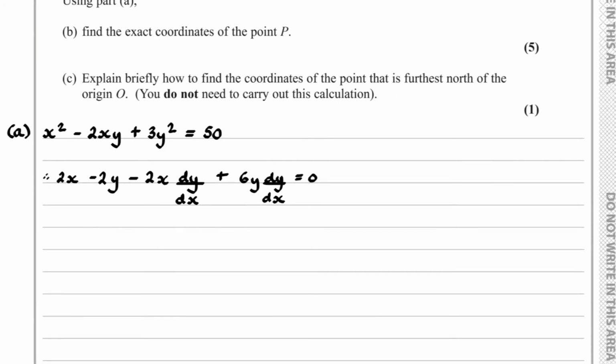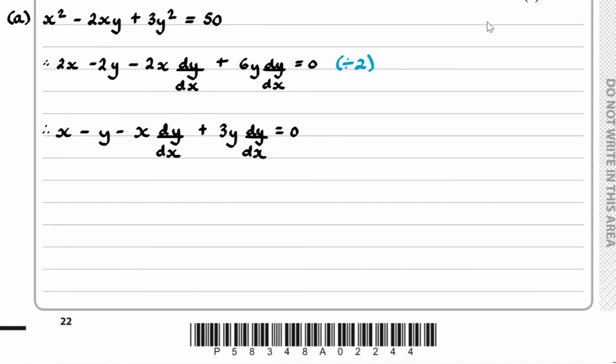And then if I divide through by 2, we can see then x minus y minus x dy over dx plus 3y dy over dx equals 0.